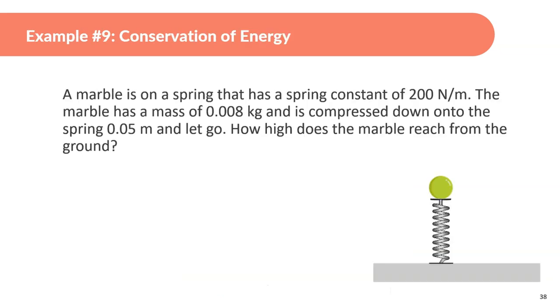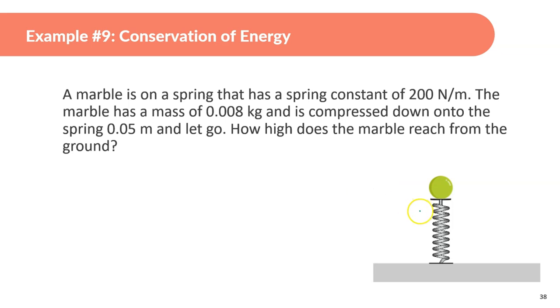Okay, moving on. A marble is on a spring that has a spring constant of 200 Newton per meter. The marble has a mass of 0.008 kilograms and is compressed down onto the spring 0.05 meters and let go. How high does the marble reach from the ground?